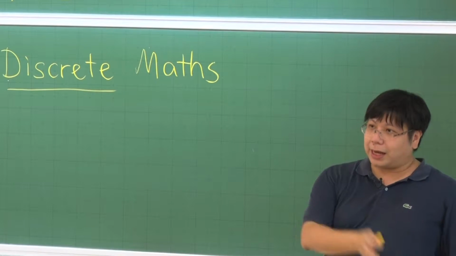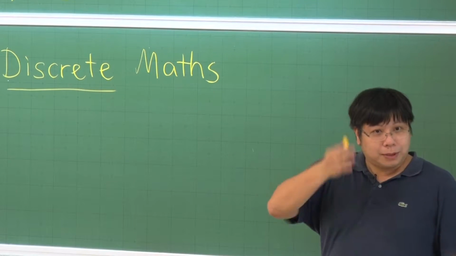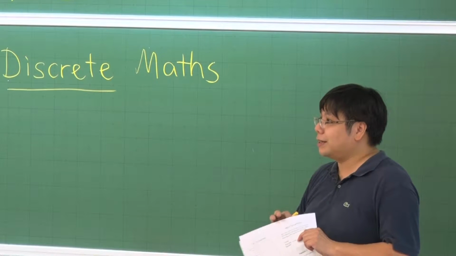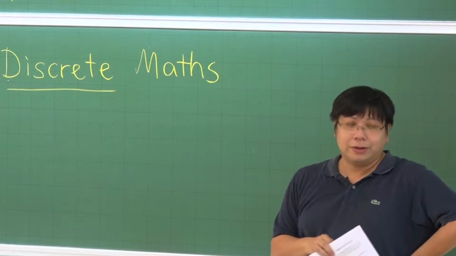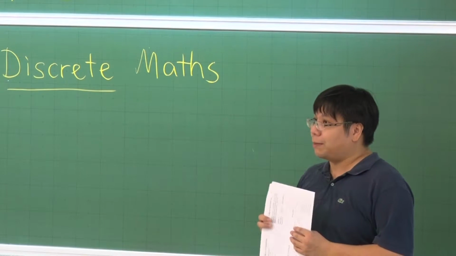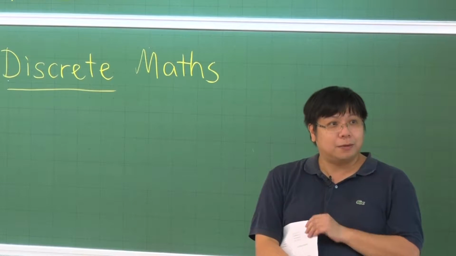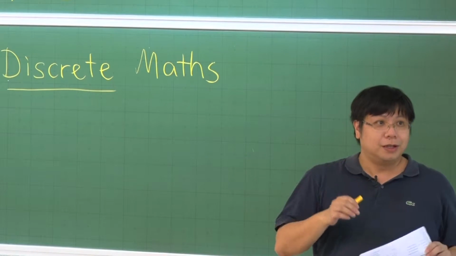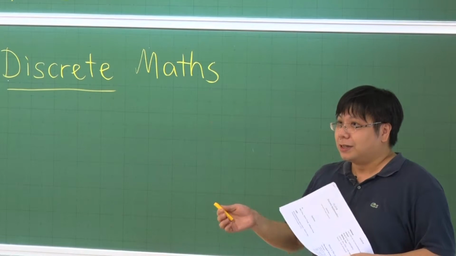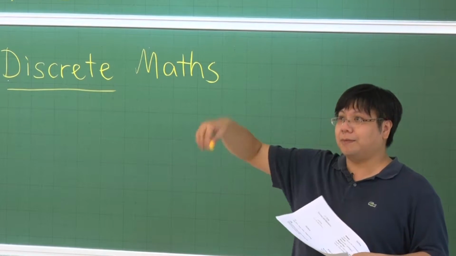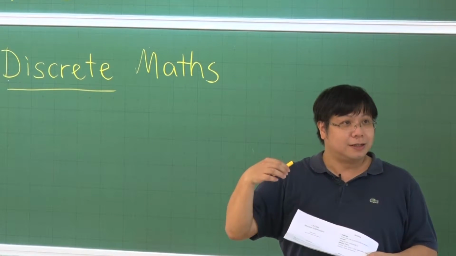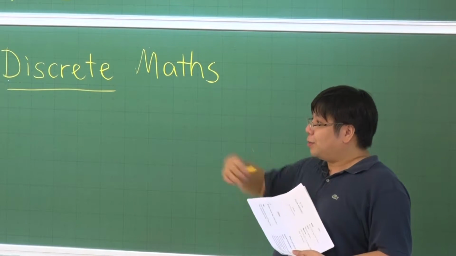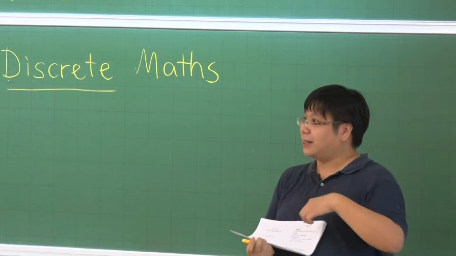Anything that we can count one by one is considered discrete. This can be extended to some very strange things, like when we write a mathematical proof, you want to prove something. The proof itself is a finite number of arguments, so it is a discrete thing. We will talk about this inside this course.